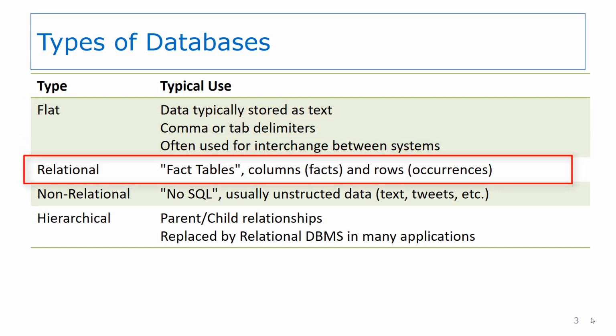A relational database organizes data into tables. A table is defined in terms of its columns, which contain the individual facts, and the collection of columns, called a row. A table can contain no rows, or potentially millions or billions of rows, depending upon the amount of data that is stored.